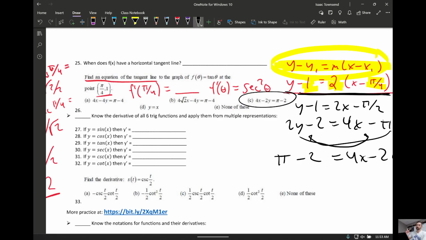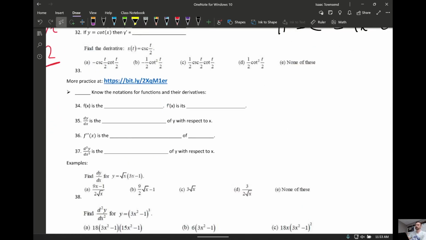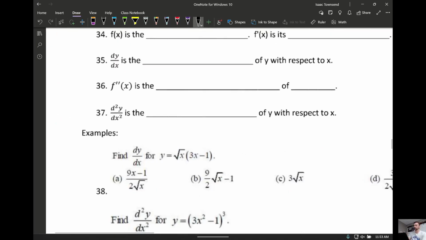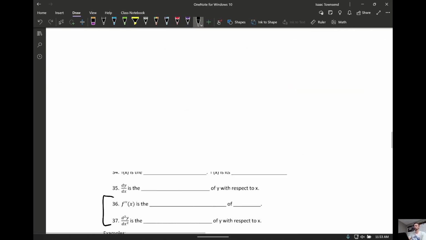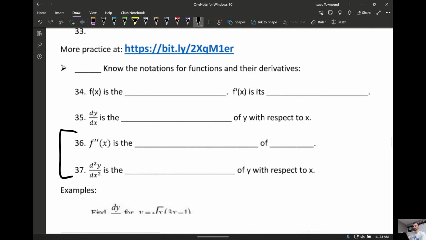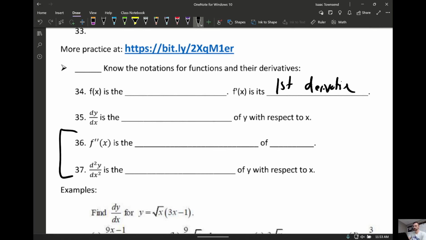All right. Sorry, Olivia, what number did you say? 36? 37? Okay. Well, 36 and 37, these are the two ways to say it. If it's got one prime mark, it's talking about the first derivative, or dy dx is also the first derivative.